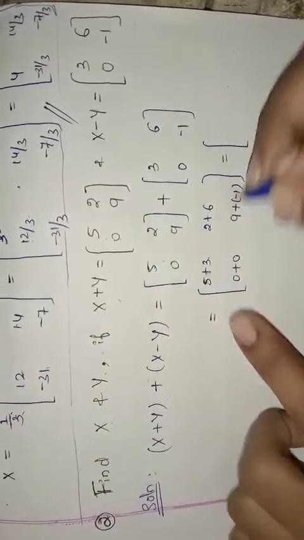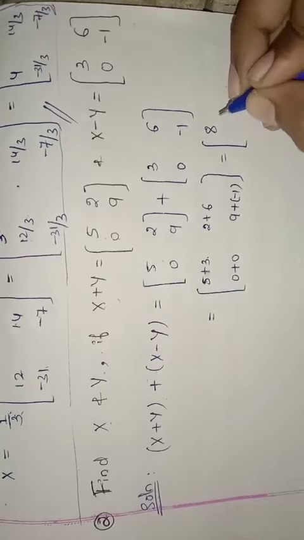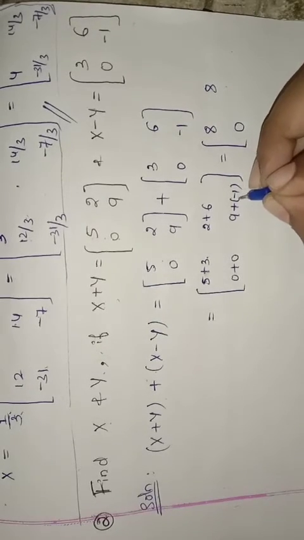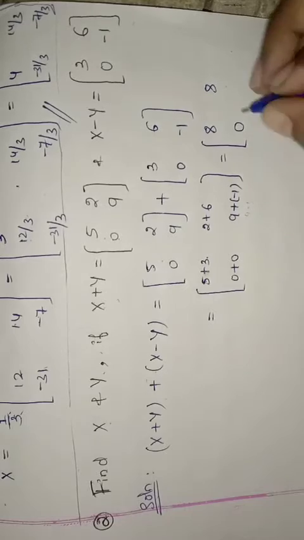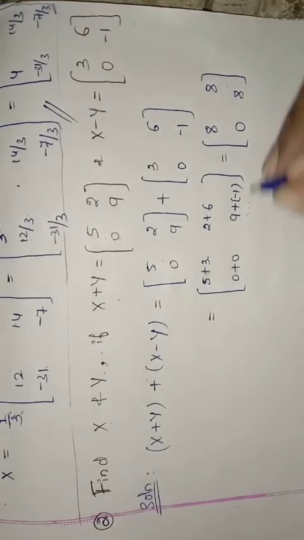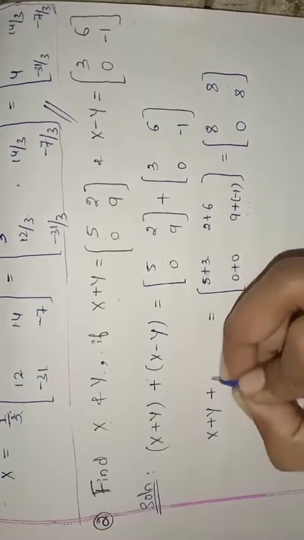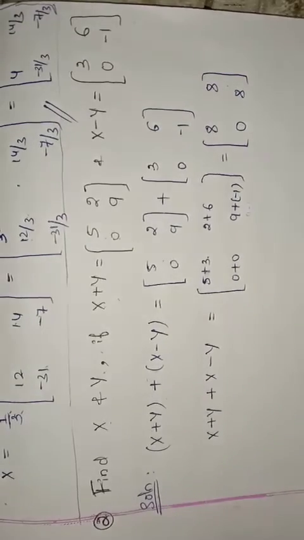See, 5 plus 3 is 8, 6 plus 2 is also 8, 0 plus 0 is 0, 9 plus of minus 1 is 9 minus 1, which is 8. So this is the x plus y plus x minus y matrix.